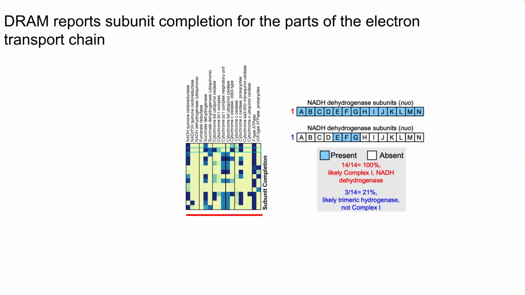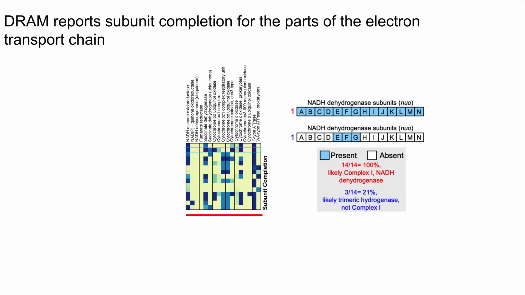This is a case where, instead of thinking that your MAG might not encode 100% of the pathway, you might not encode every component of that protein, but if you have a majority of those subunits, you can say that your MAG encodes complex 1 or NADH dehydrogenase. There are a lot of different variations on complex 1, 2, 3, 4 in the electron transport chain, and DRAM is just going to tell you what percent of those multi-subunit proteins your MAG encodes.